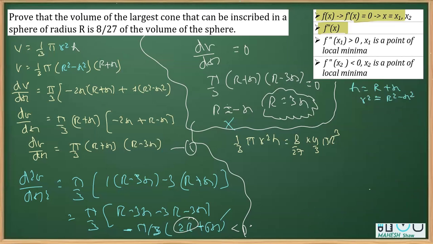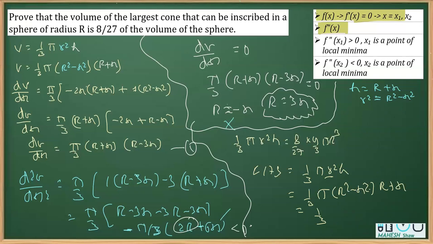Now from the LHS, we have 1 by 3 pi small r square h. So what I can see here is that I'm writing all in terms of x and R. This r square from here is coming to be capital R square minus x square, and h from here is capital R plus small x, which is 1 by 3.